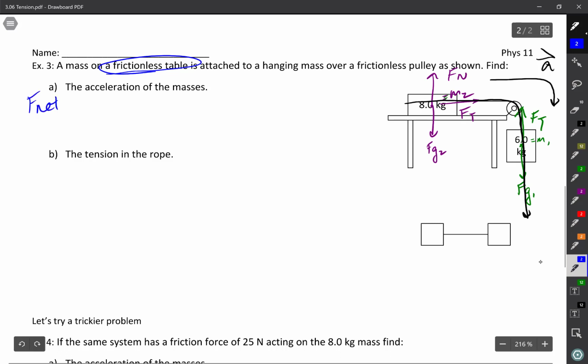So for our F-net along that black line, we have Fg1 along that line. We have Ft moving back against the line, the purple Ft, and that's it.